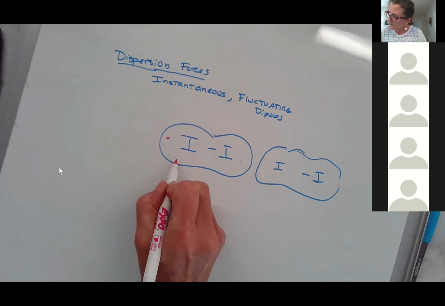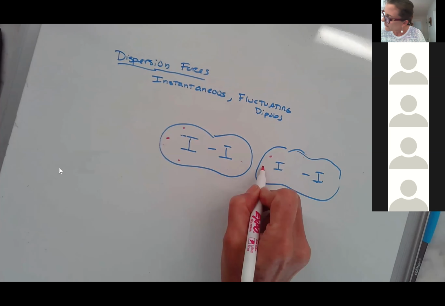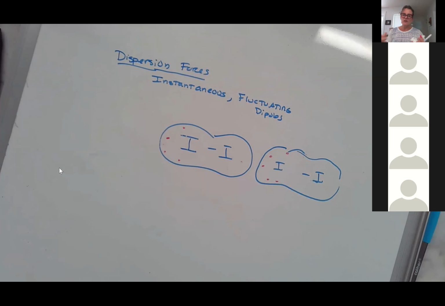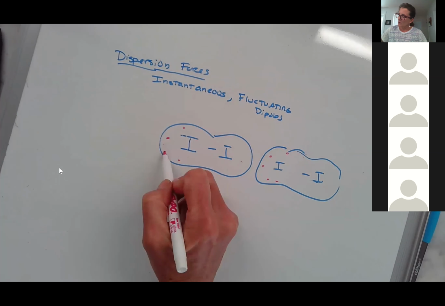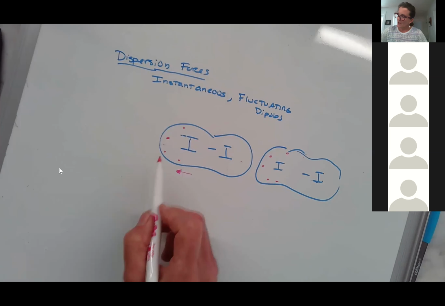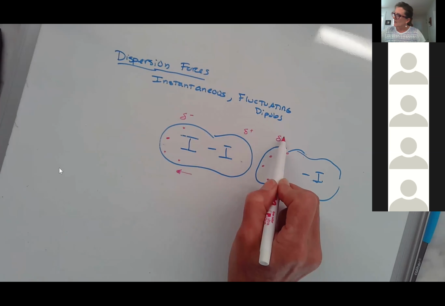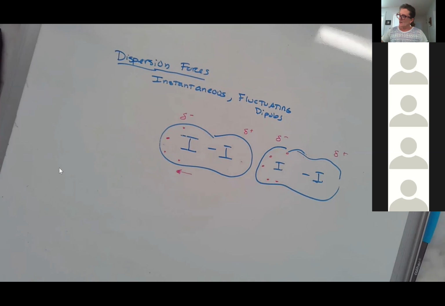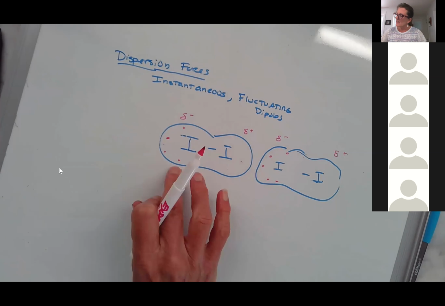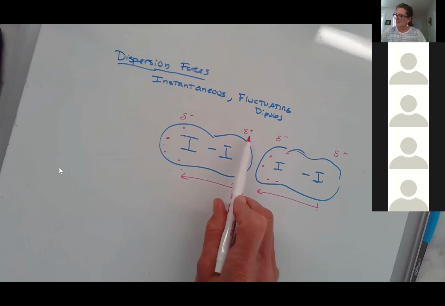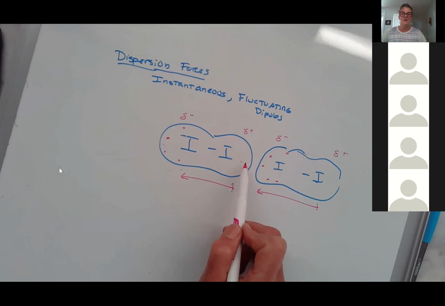Imagine my dots are electrons. You get a temporary polarization of how the electrons are in the atoms. So if my electrons all move to the side of the iodine, this takes on the partial negative charge, this takes on a partial positive charge, and vice versa. Now I have what's known as an instantaneous dipole, and there's a positive and negative attraction between the neighboring molecules.